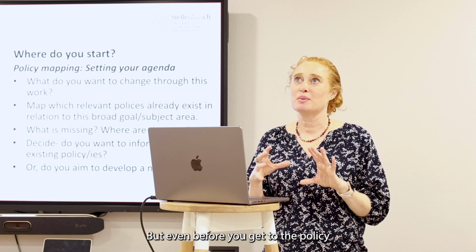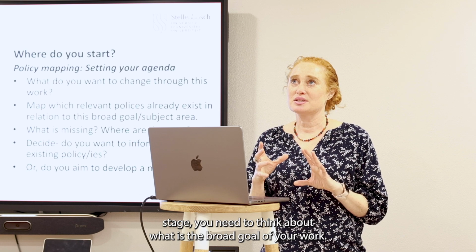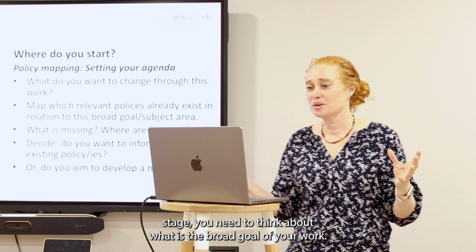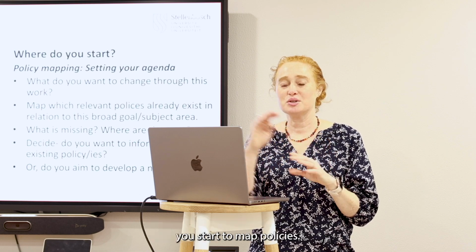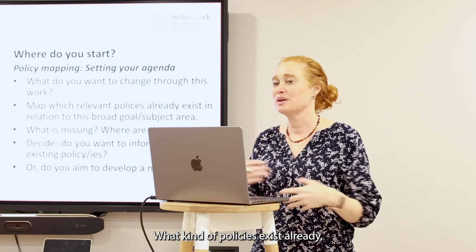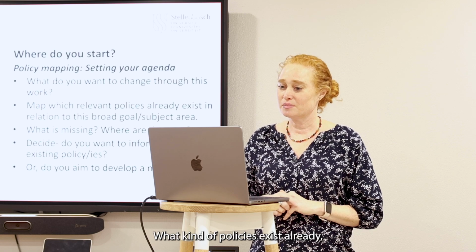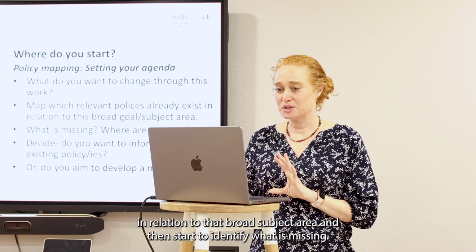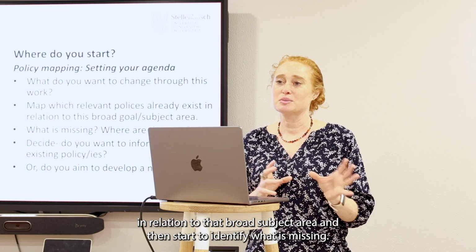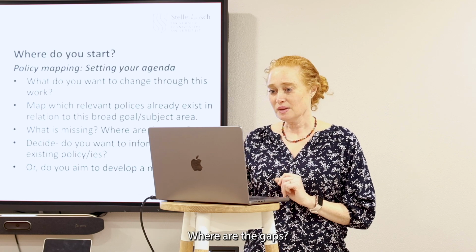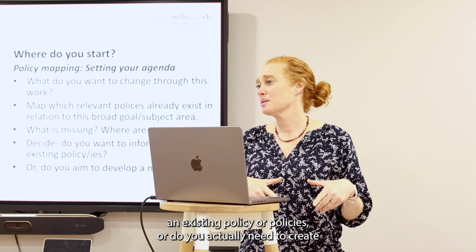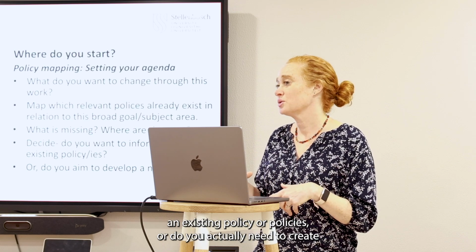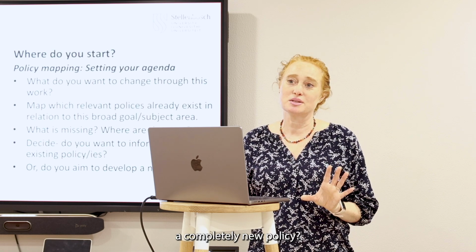Even before you get to the policy stage, you need to think about the broad goal of your work. Once you've got the theme and the area that you want to change, you start to map policies. What kind of policies exist already in relation to that broad subject area, and what is missing, where are the gaps? From there you can decide whether you want to inform or change an existing policy or policies, or whether you need to create a completely new policy.